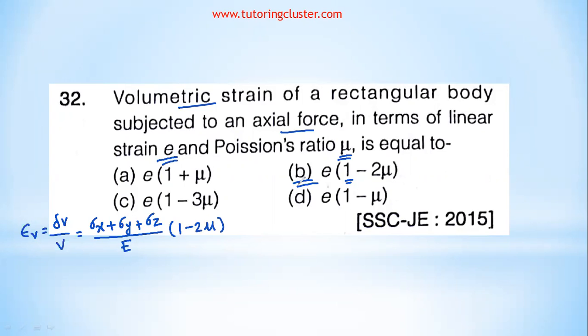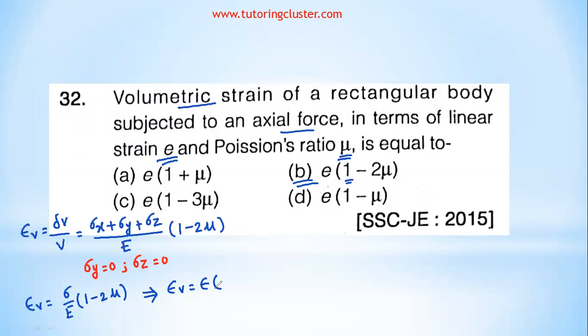Now it's an axial force. What condition is given? It's an axial force. If it is an axial force, can I write sigma y is equal to 0 and sigma z is equal to 0, right? So this equation reduces to epsilon v is equal to sigma upon E in bracket 1 minus 2 mu. Now, what is sigma upon E?